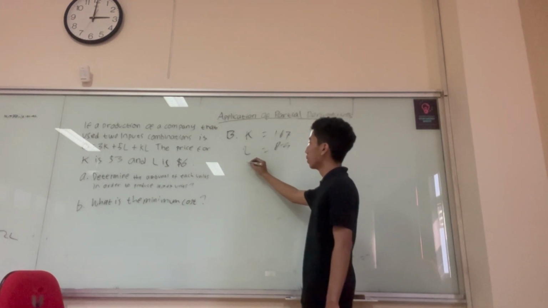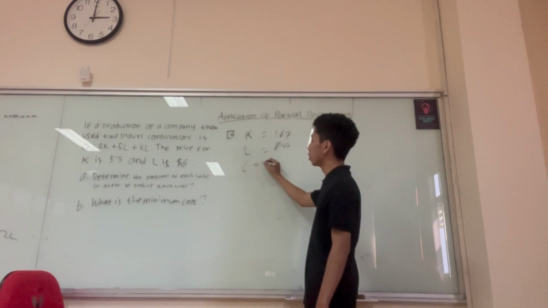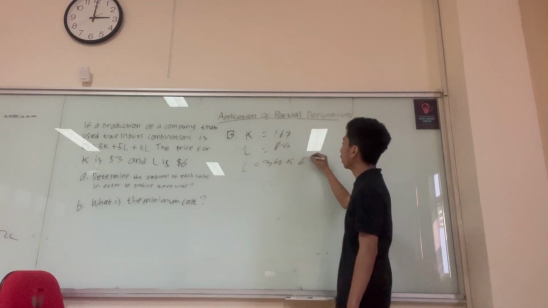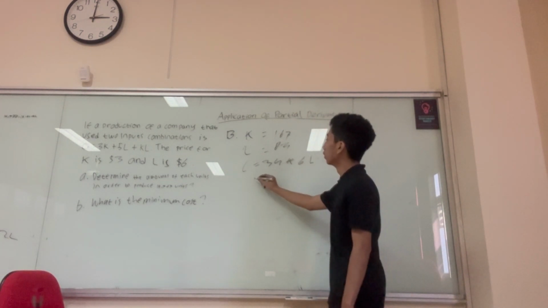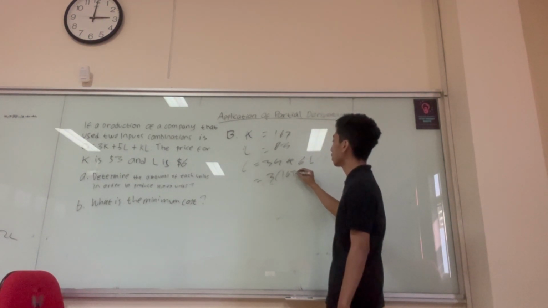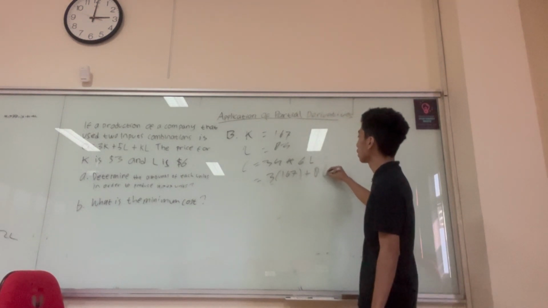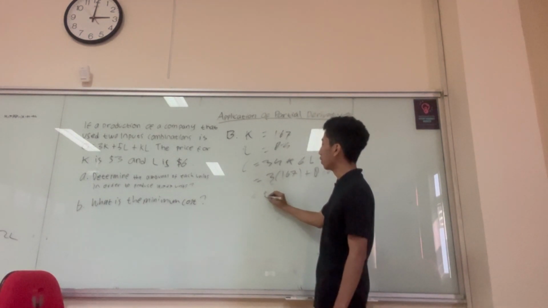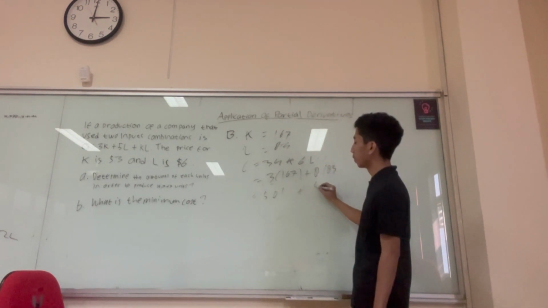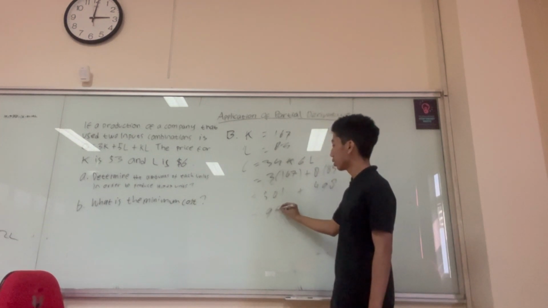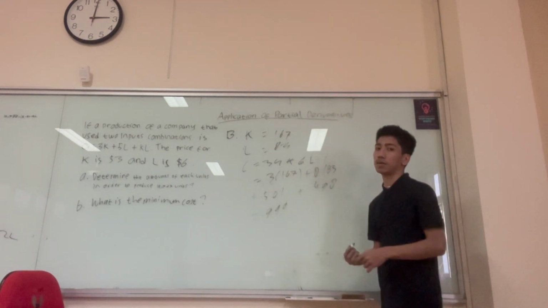So it's C equals 3K plus 6L, or 3 times 167 plus 6 times 83 equals 501 plus 498. So the minimum cost is 999.